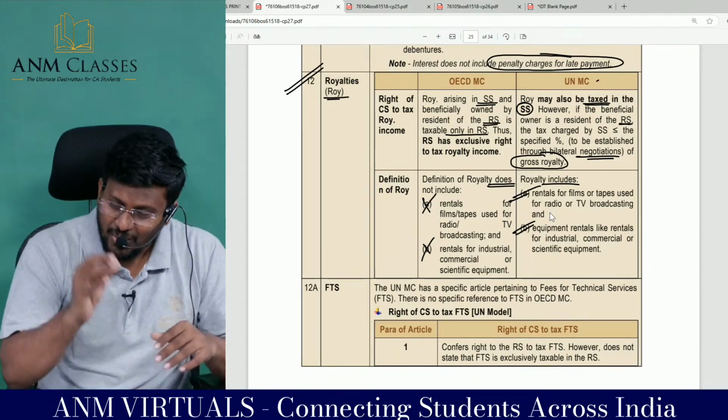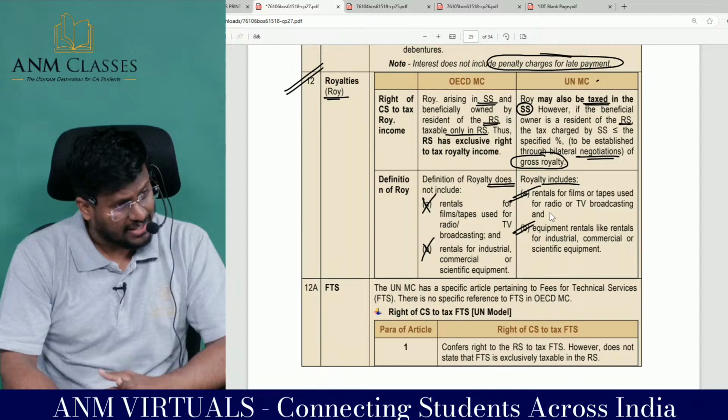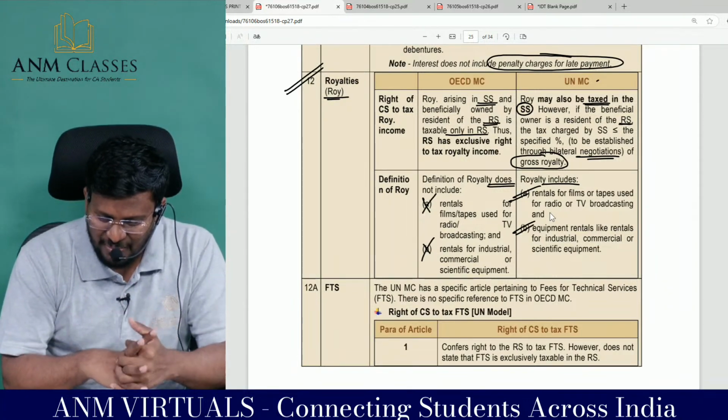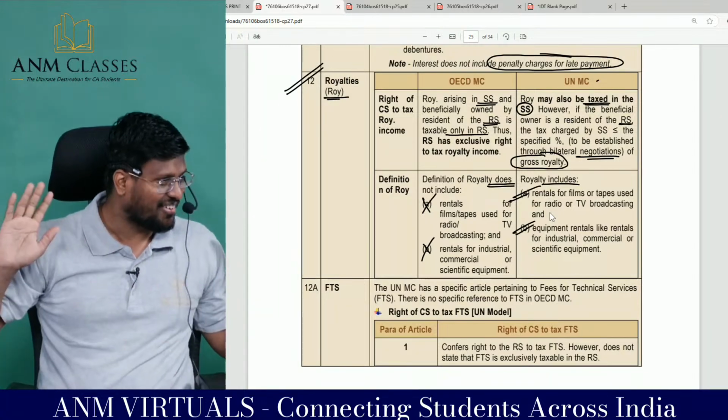Are you getting rental from film tapes? Yes, royalty. Sir, are you getting rentals from equipment? Royalty.